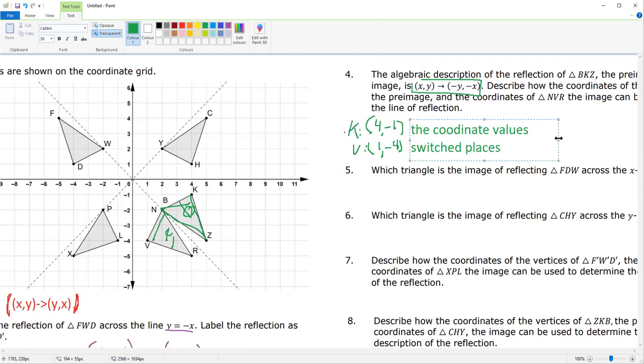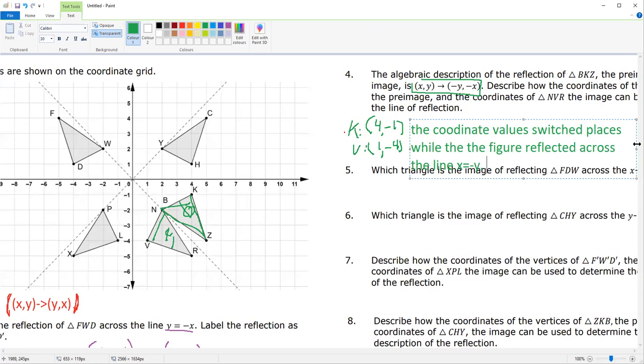While a figure is reflected across the line x equals -y, the signs shifted as well.